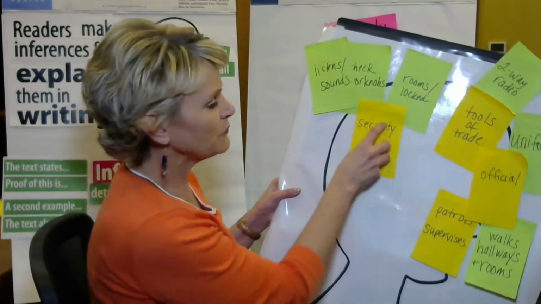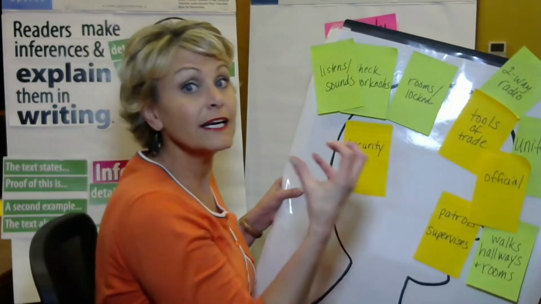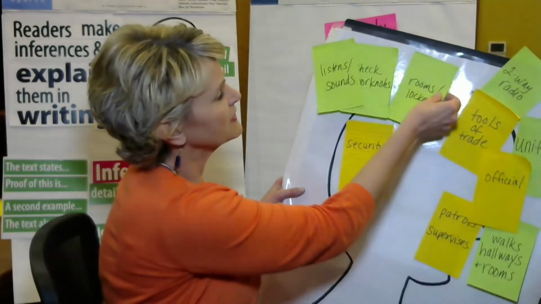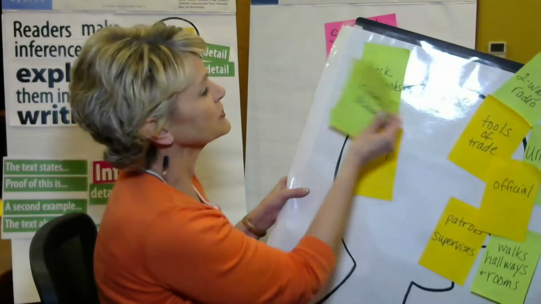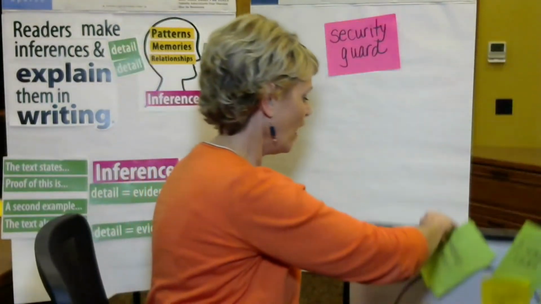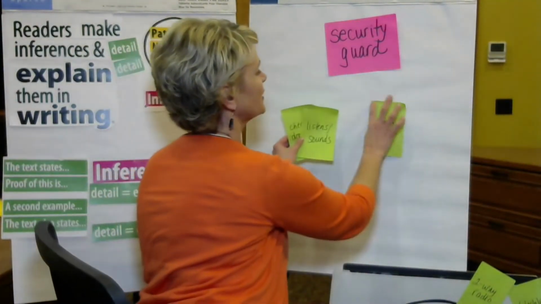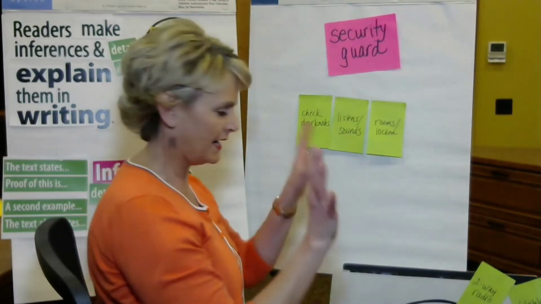So security was pretty big, because a security guard guards security, that was a pretty big thought. So this idea that he's checking that rooms are locked if they're supposed to be, listening for sounds and checking doorknobs. Remember, that's all one piece of evidence. It's a handful of words, but it all falls under the same type of evidence. So that will be one.